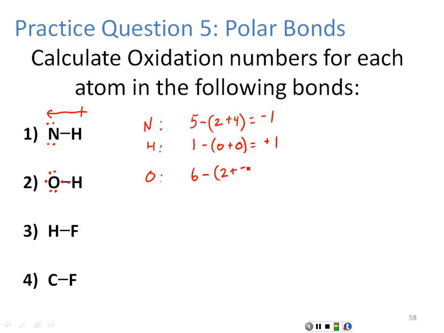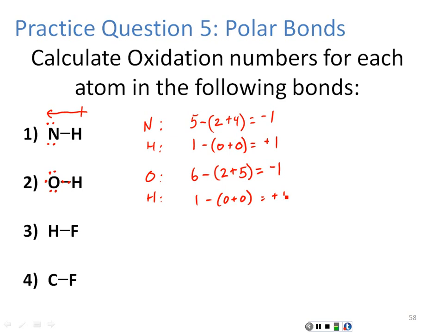And we have 5 unshared or lone pair electrons on oxygen. So we get an oxidation number of -1. Now hydrogen, again, it's the same as for the NH bond. It's going to have a +1 oxidation number.